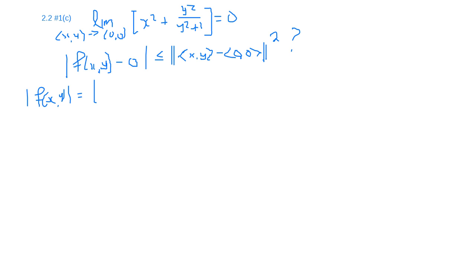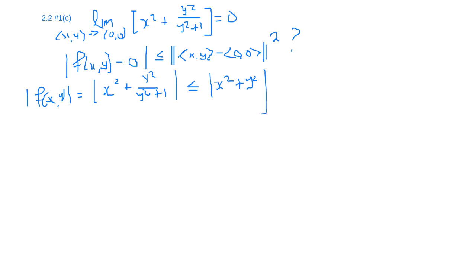It's going to be the absolute value of x squared plus y squared over y squared plus 1. Can you see that this is less than or equal to x squared plus y squared? Why is that true?